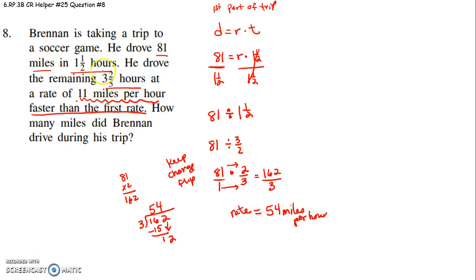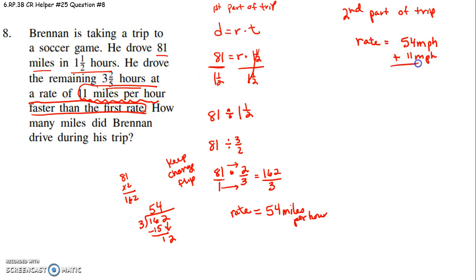He drove the remaining 3 2/5 hours at 11 miles per hour faster than the first rate. So for the second part of the trip, to calculate the rate, you have to take 54 miles per hour and add on 11 miles per hour because he went 11 miles per hour faster.